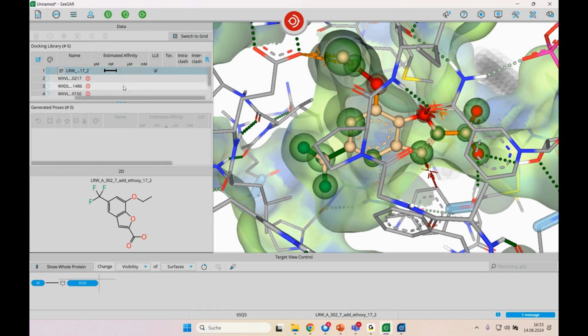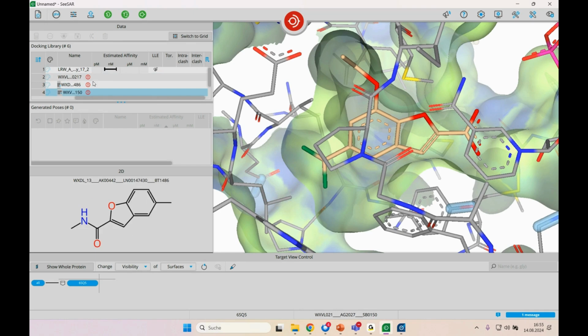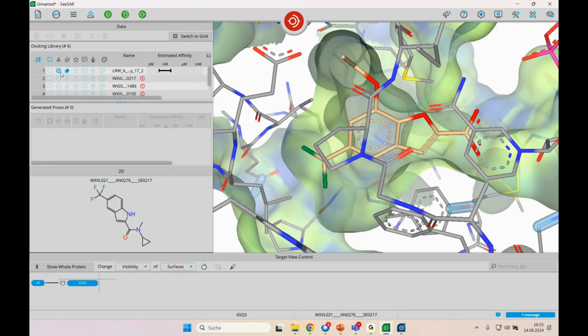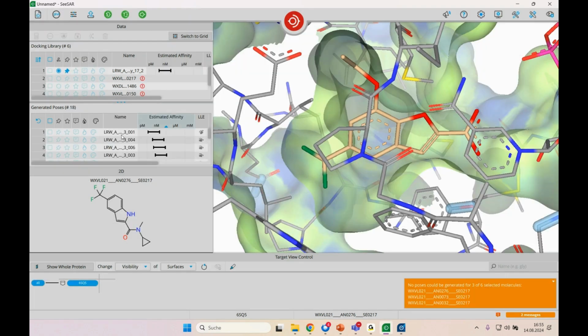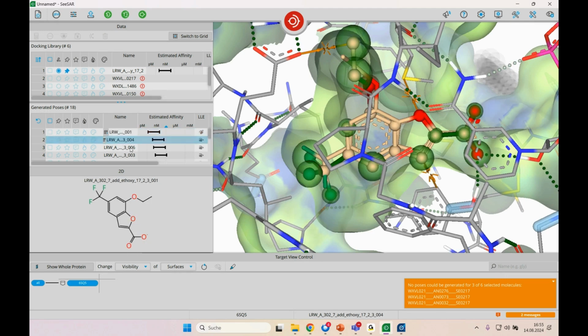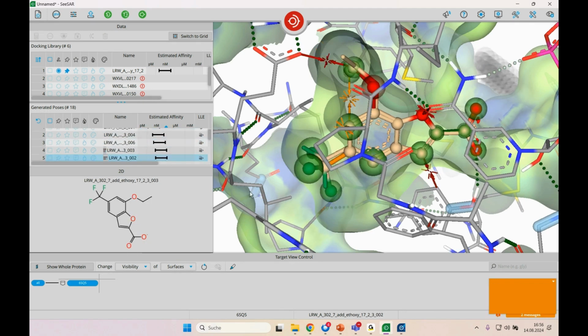And again, let's do a template-based docking to make things a little bit faster. So this is our original. Let's maybe color its original pose red.